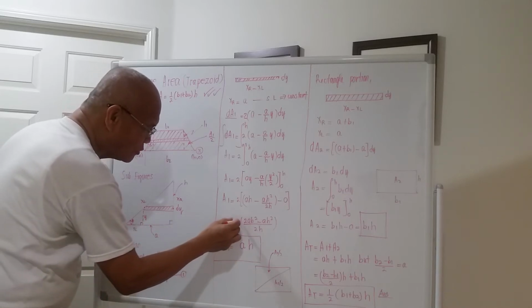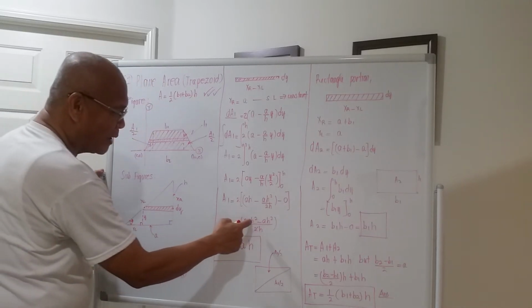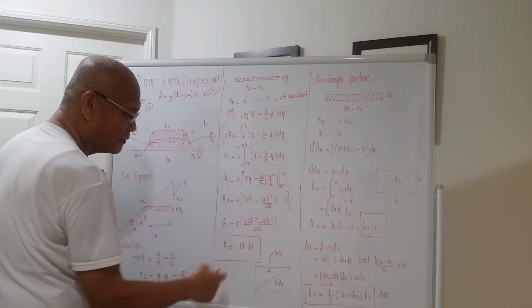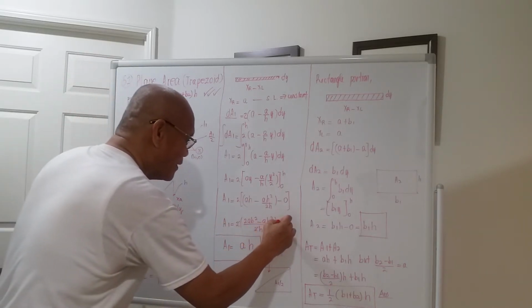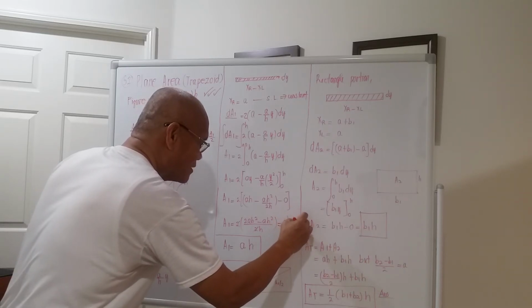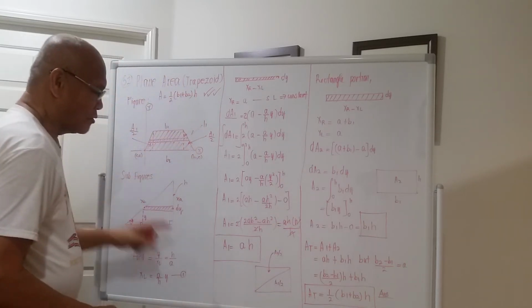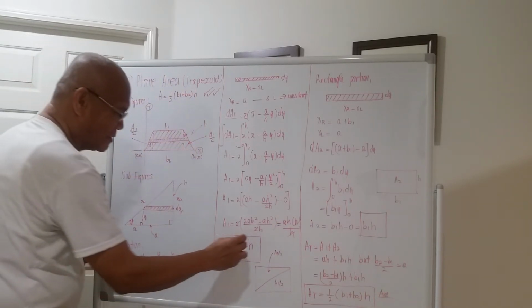And luckily, these two here cancel with this. Okay? We got 1h on top. Because this will be ah times h all over h. So this cancels out. So area 1 is actually ah.